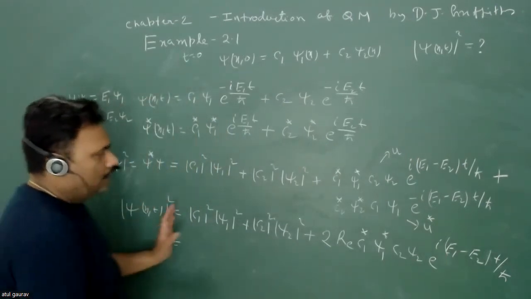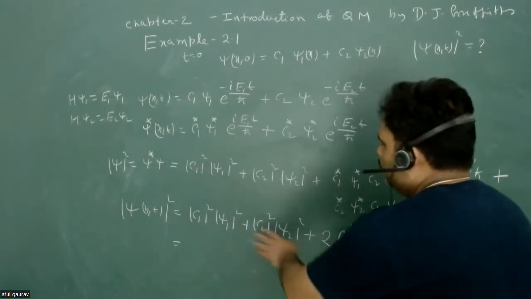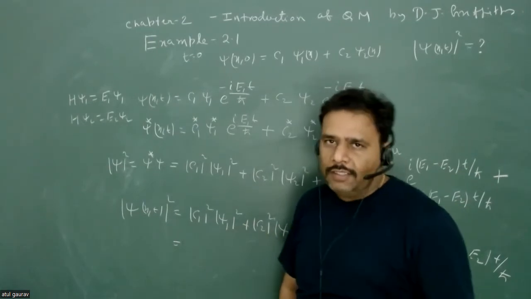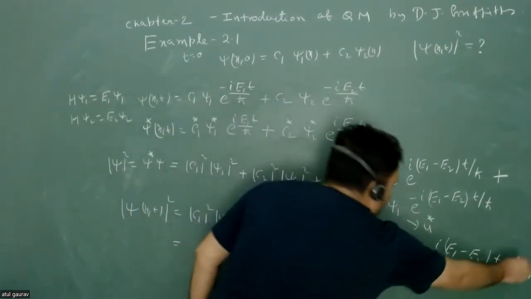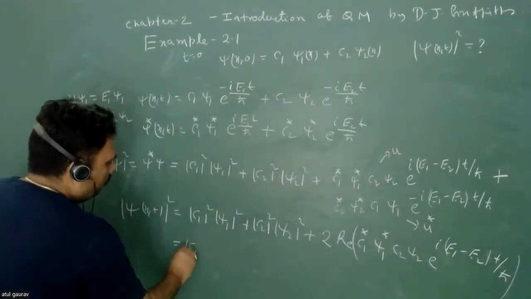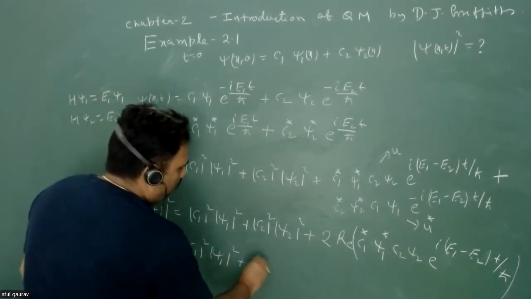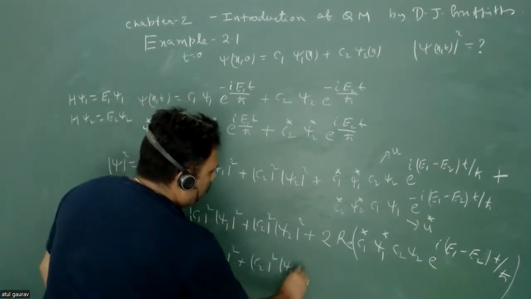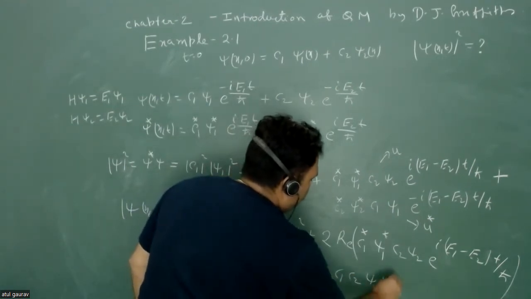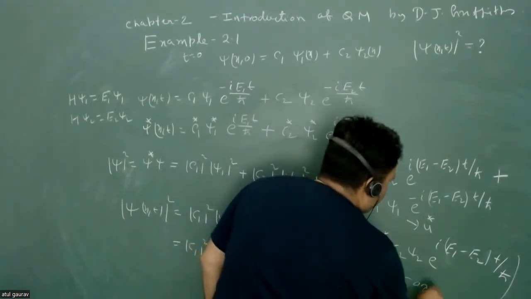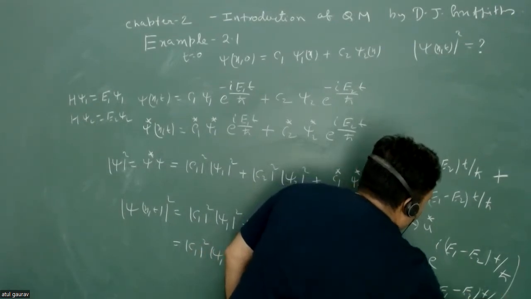As we know that psi1 is basically a stationary state, and in this particular example it is assumed that C1 and C2 are real. So this can be written as mod C1 squared, mod psi1 squared plus mod C2 squared, mod psi2 squared, plus 2 times C1 C2 psi1 psi2 and the real part, which is cos (E1 minus E2) t upon h cut.